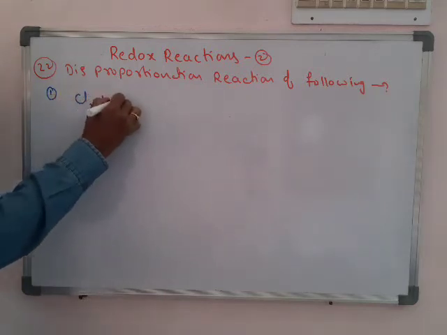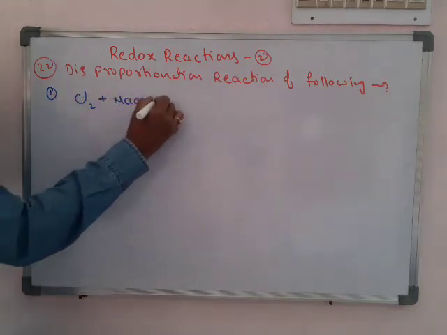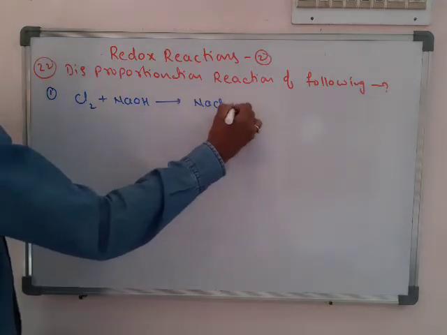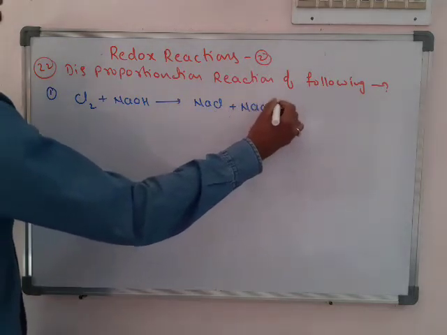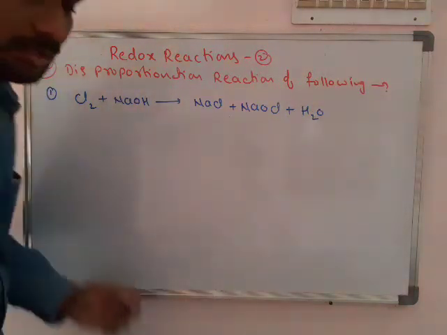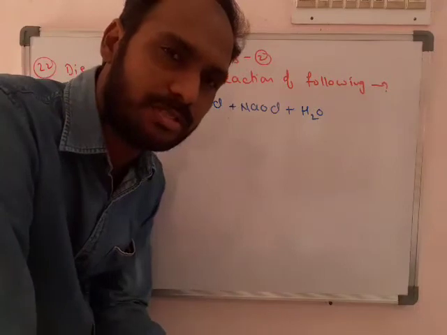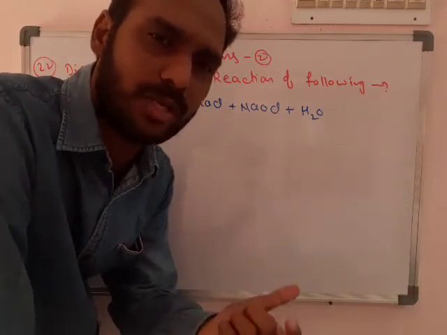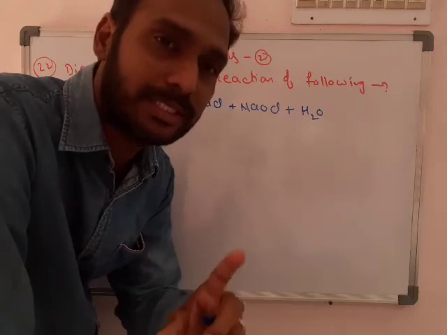The reaction of chlorine in NaOH forming sodium chloride, sodium hypochlorite, and H2O. The other three options have only one oxidation or one reduction for a particular element.